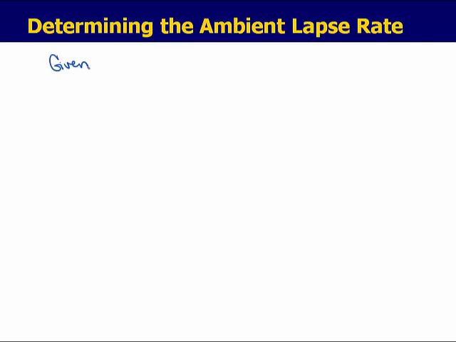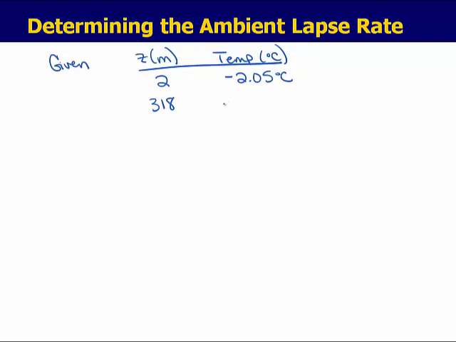As an example, you could be given 2 different heights in the atmosphere and temperatures. So in this example, I'll say that a weather tower is measuring temperature at 2 meters in the atmosphere and 318 meters. At 2 meters, the temperature is negative 2.05 degrees Celsius, and at 318 meters, it's negative 6.21 degrees Celsius.